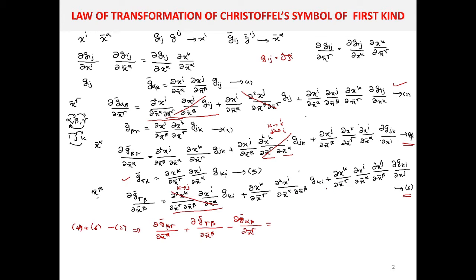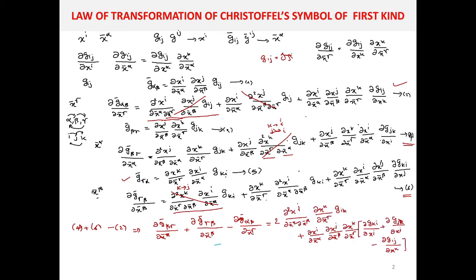Now you can add the remaining terms. Check these two terms, this term and this one. Here it is dou square xi by dou x bar alpha beta. Here it is dou square xj by alpha beta. The next one is the same, dou xk by dou x bar gamma.